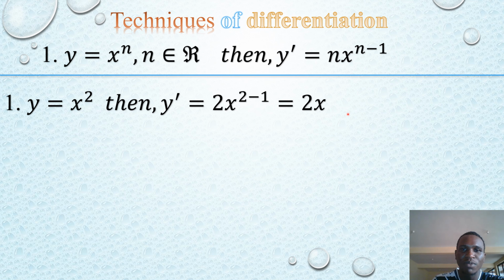And that will give me 2x. Copy the x. Now 2 minus 1 is 1. So when the power of a variable is 1, don't write it. It's understood that it is 1. Okay? Good. So you see we got the same result following this rule.